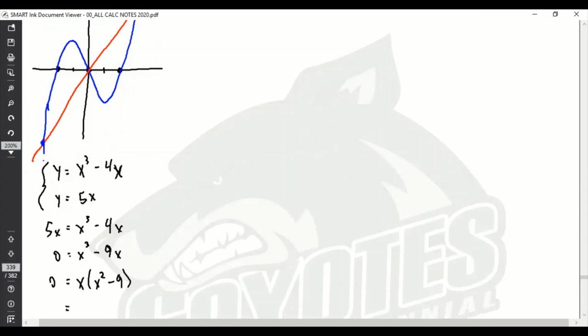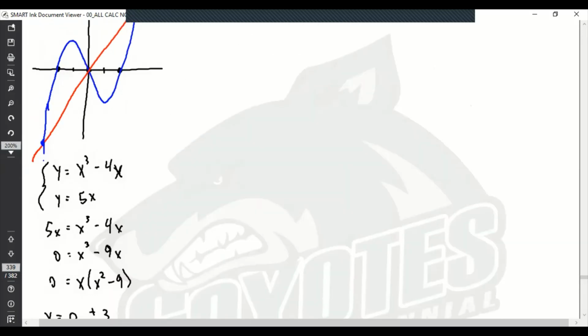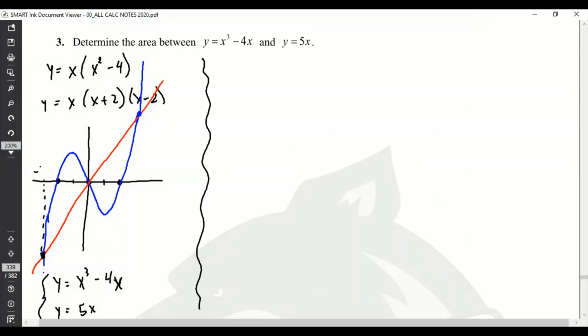So therefore, x is equal to 0 plus or minus 3, difference of squares. So here's -3 is our x value here. We have +3 is our x value there, and of course 0, and those seem pretty reasonable.